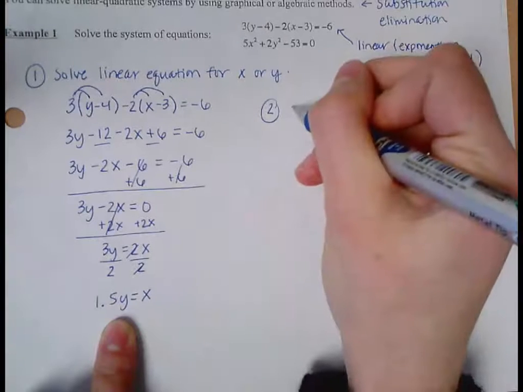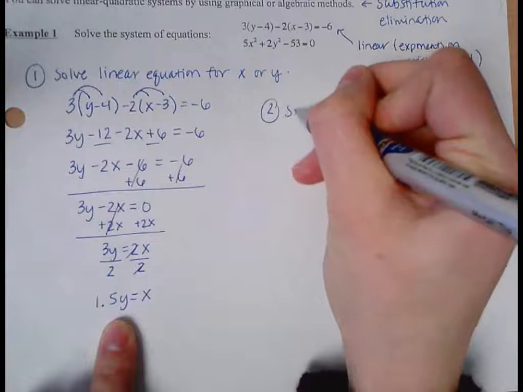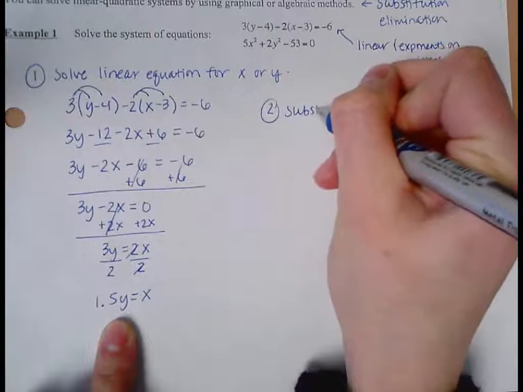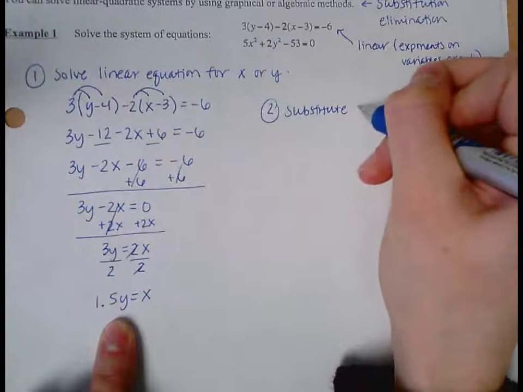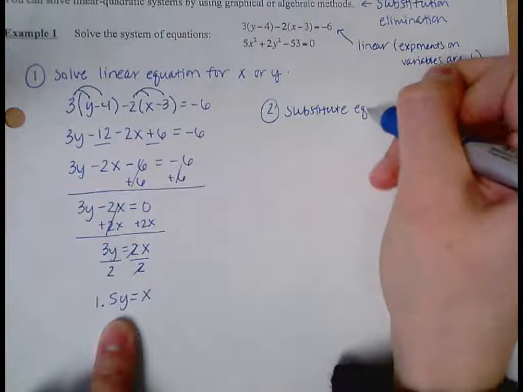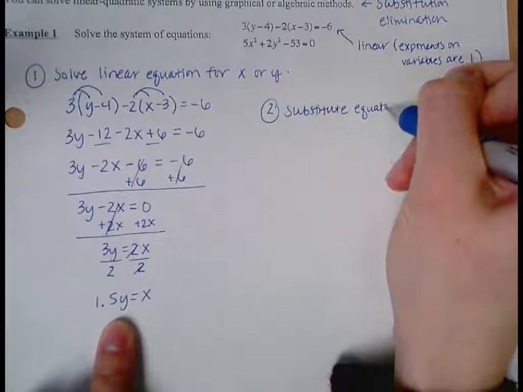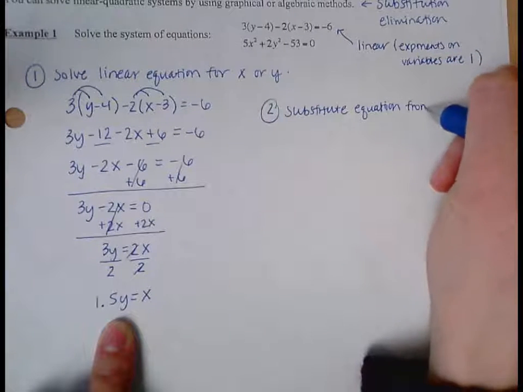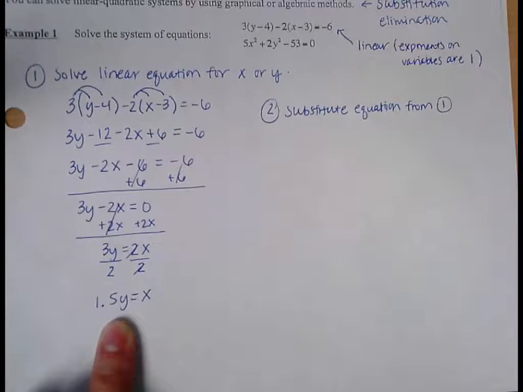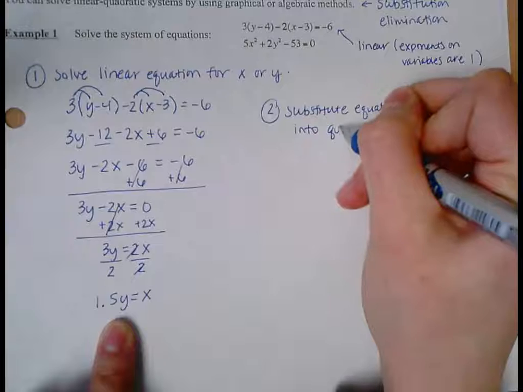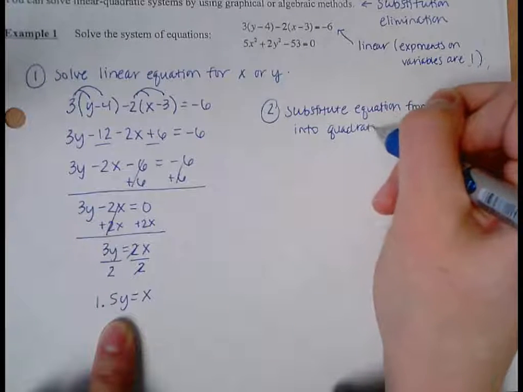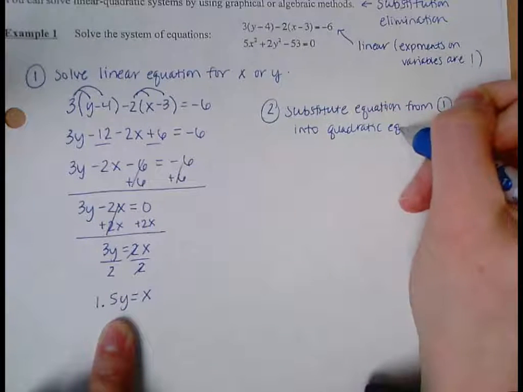So I'll put here, if you want to write out the steps in words so you understand what you're doing, you're going to substitute the equation from step 1 into the quadratic equation.